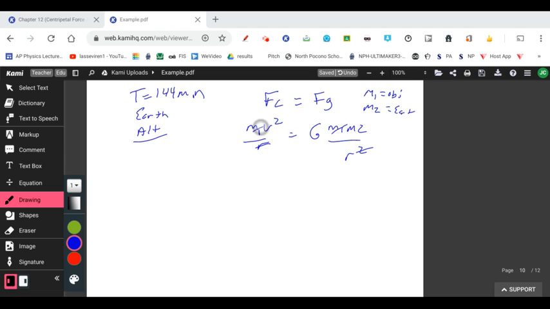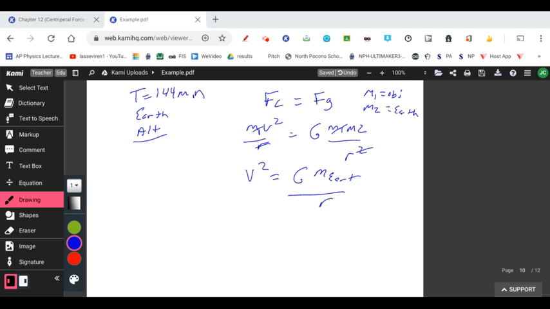So the m1s are canceling out in both of these, and we're left with the mass of the Earth. And so we get something like v squared is equal to big G, the mass of the Earth, divided by the radius.